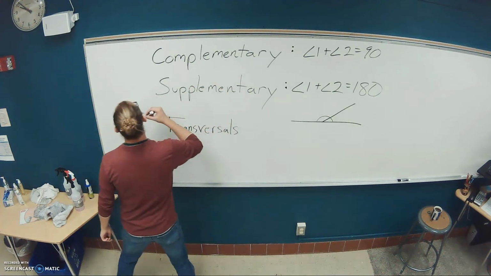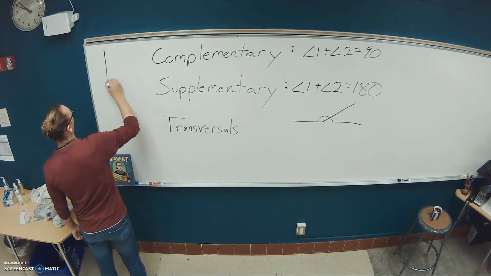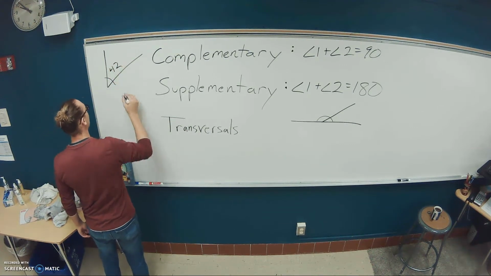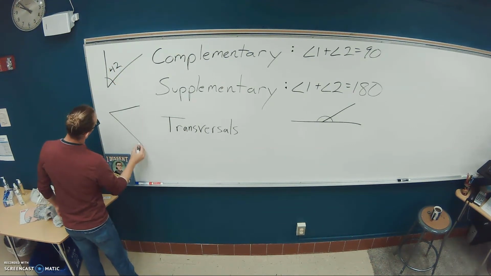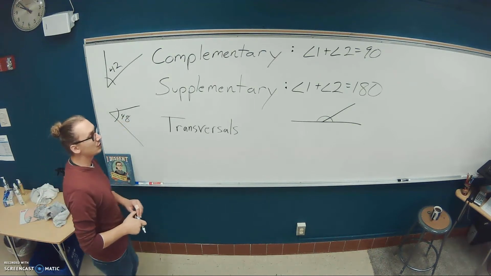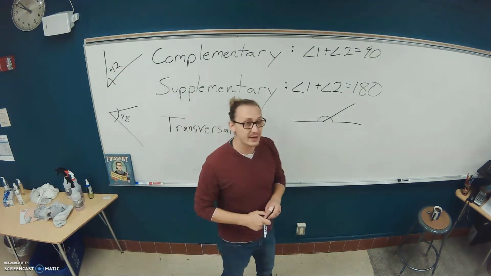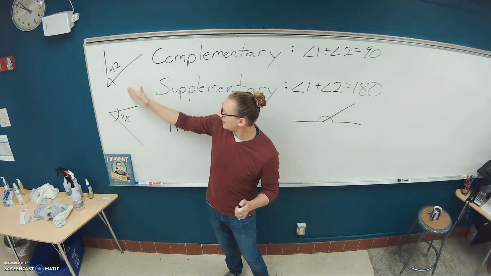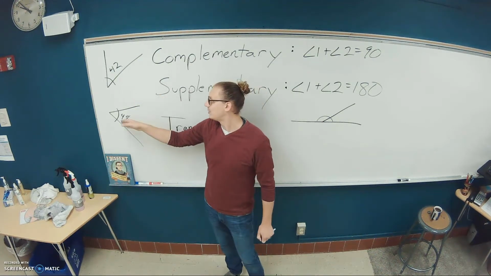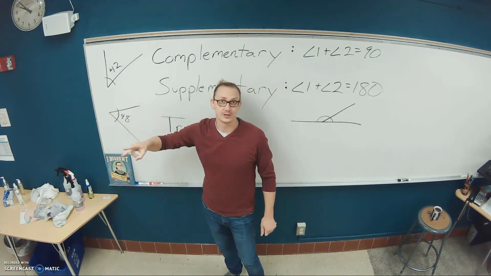For example, if I have an angle right here, and I say that this is a 42-degree angle, and I have an angle over here, and I say that that is a 48-degree angle, those two angles are complementary because they add up to equal 90 degrees. They do not have to be in the same spot and share a vertex.